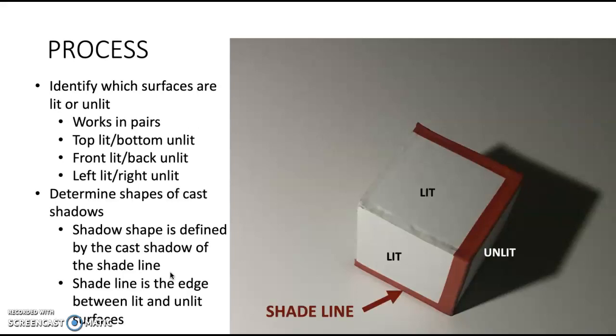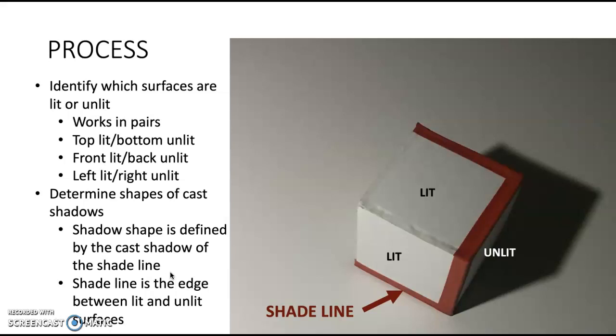The process begins by identifying which surfaces are lit or unlit. It will always exist in pairs. Thus, if the top is lit, the bottom is unlit. Front lit, back unlit, left lit, right unlit.